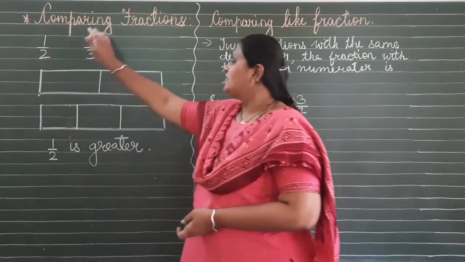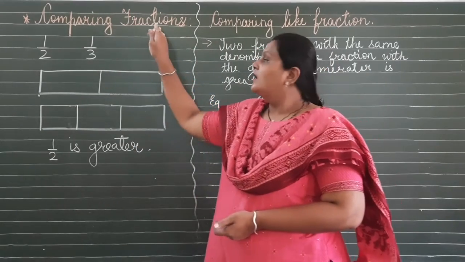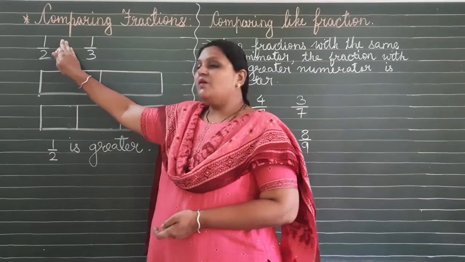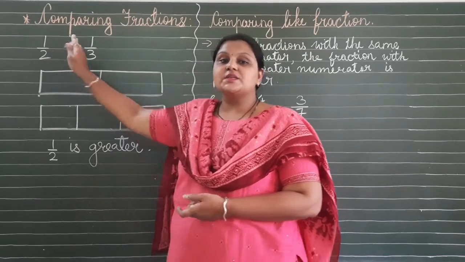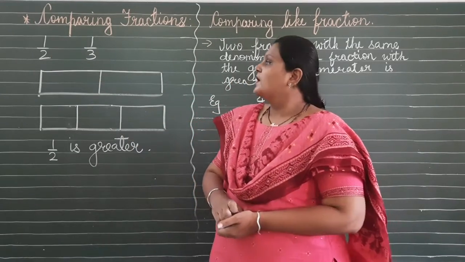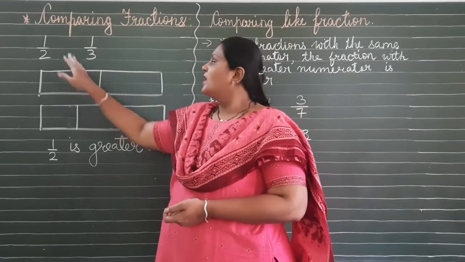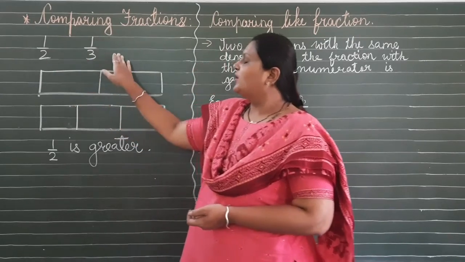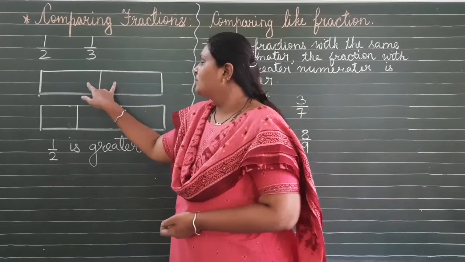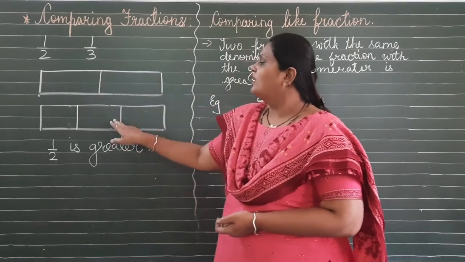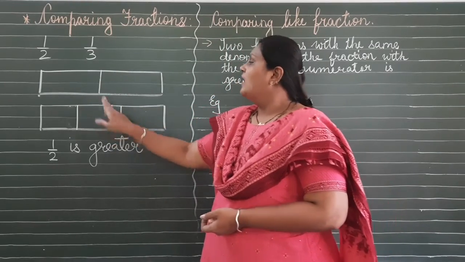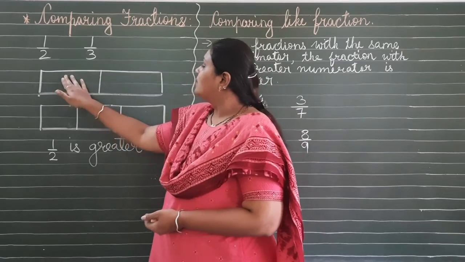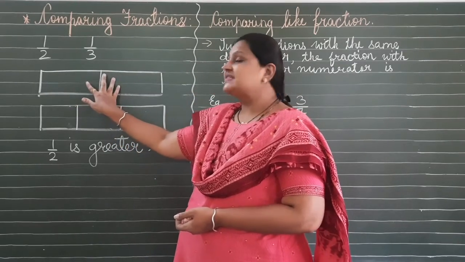Now, we will see comparing fractions. Here, by seeing the fractions, we cannot judge which is greater and which is smaller. So, we will have figure 1 upon 2, 1 upon 3. Now, here, one object is having 2 parts, one object is having 3 parts. We can see that the object which has 2 parts is greater.